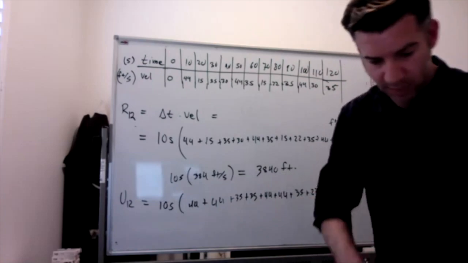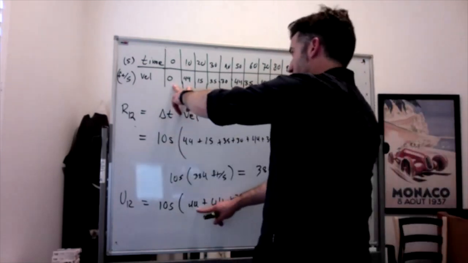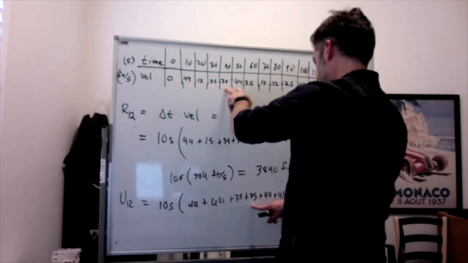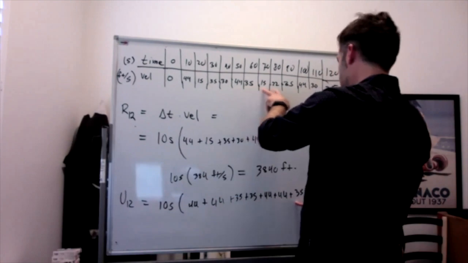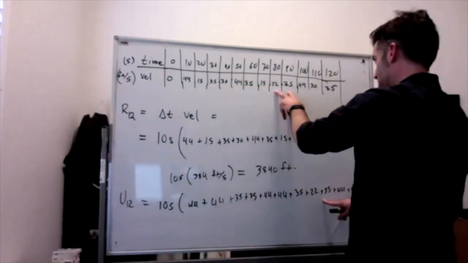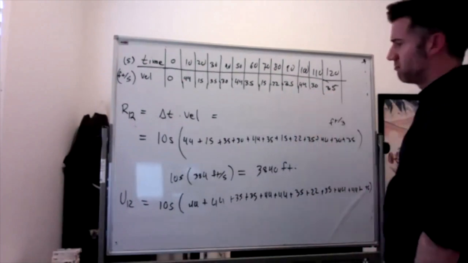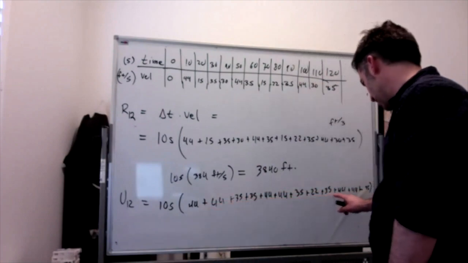Let's double check. I had a 44, a 44, a 35, a 35, a 44, a 44, a 35, a 22, a 35, a 44, a 44. 1, 2, 3, 4, 5, 6, 7, 8, 9, 10, 11, 12.